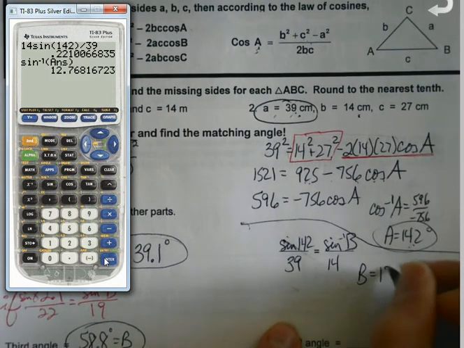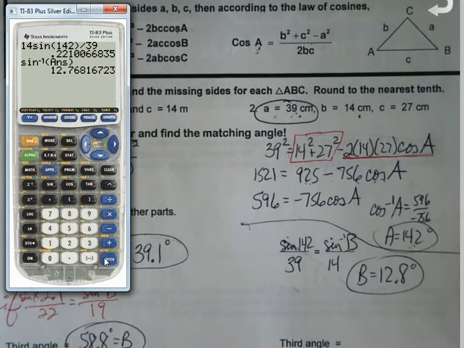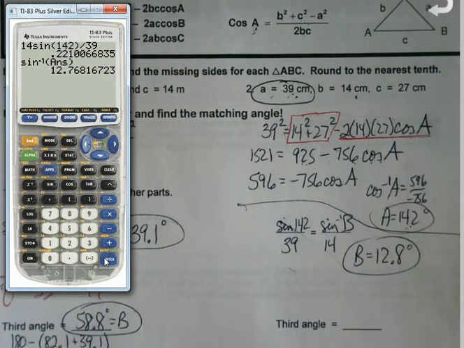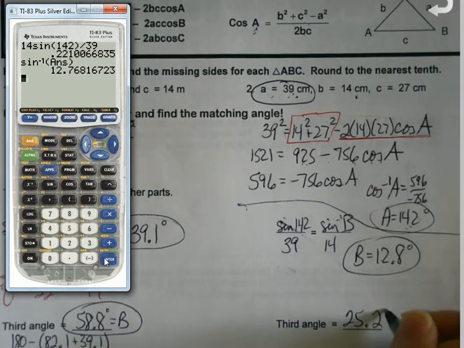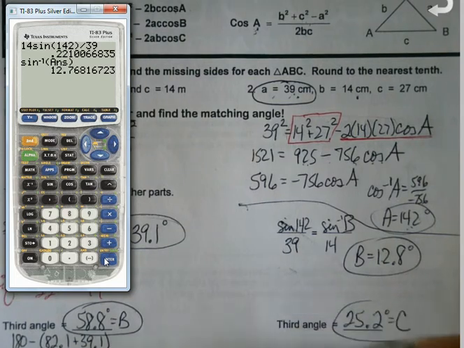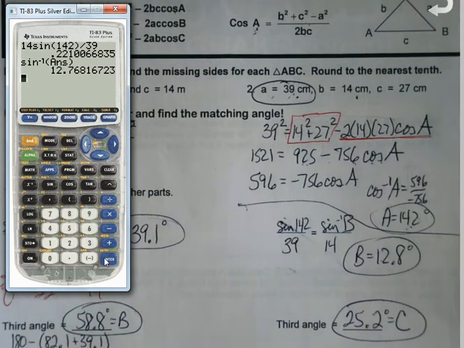So b looks like it's about 12.8 degrees. And then again, we'll just take the sum of those two, subtract it from 180, and we've got C.